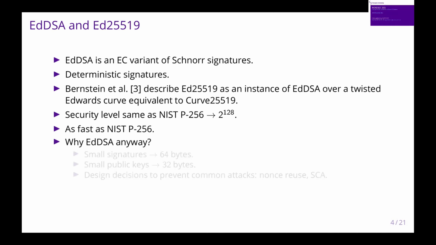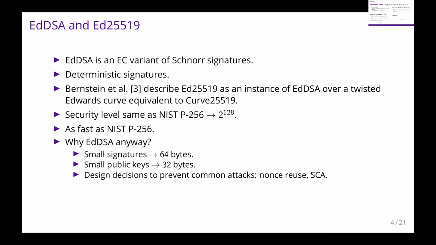But what is the need of having something that competes with P256? Well, the main benefit of EdDSA is that it provides small signatures. There are 64-byte long signatures, and it uses small public keys, which are 32 bytes.